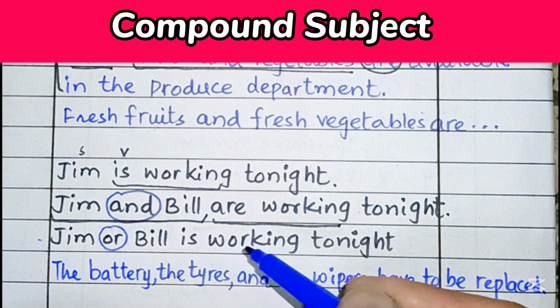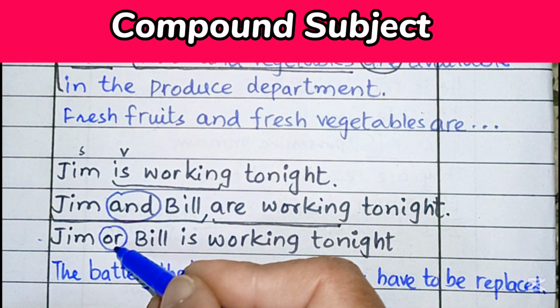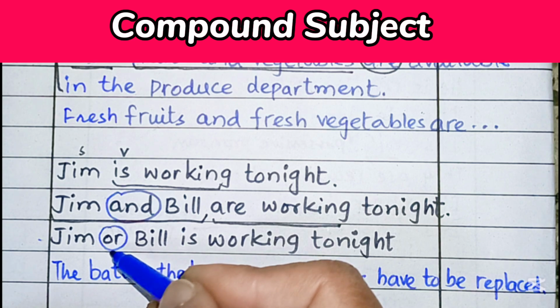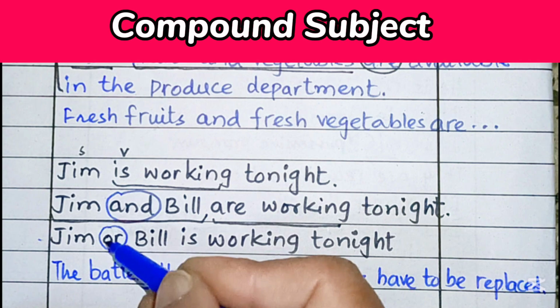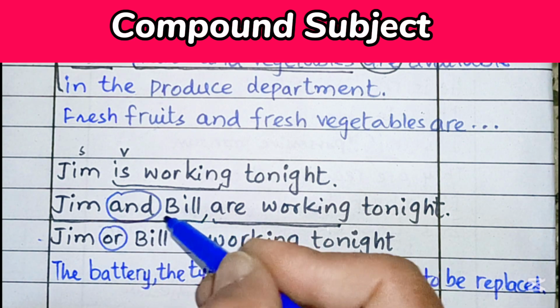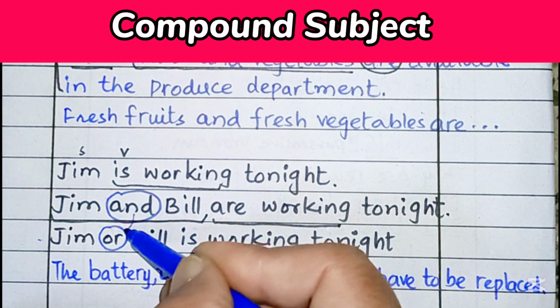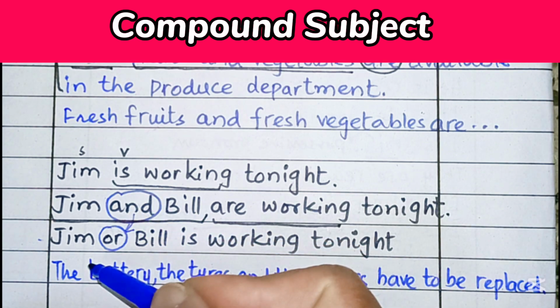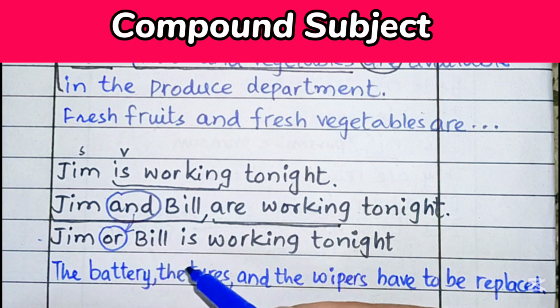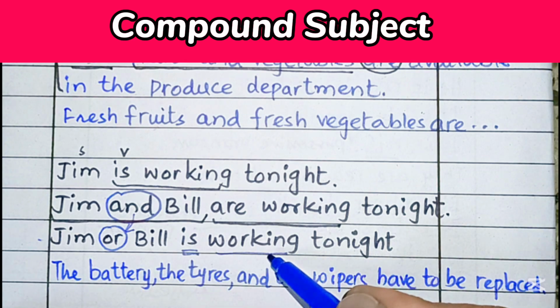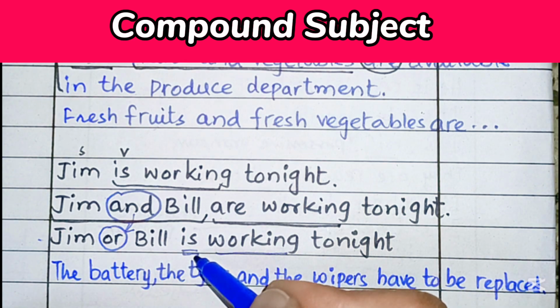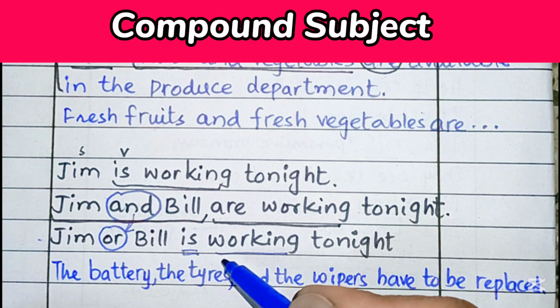So once we put or in between Jim and Bill, in place of and, it makes the matching verb singular. It's a singular verb phrase in the present continuous tense.